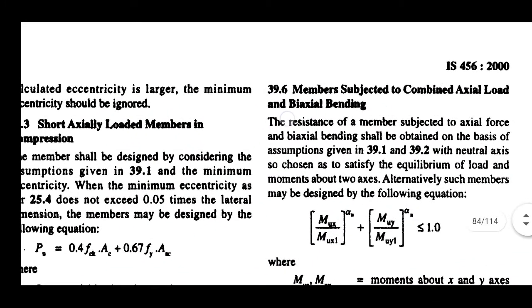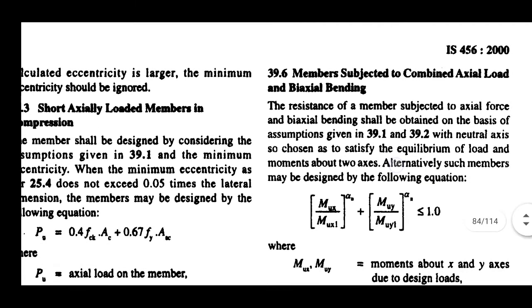Here is clause number 39.6 of IS 456 2000. Members subjected to combined axial load and biaxial bending, which is the topic of this lecture. Let's read out whatever is written in clause number 39.6.